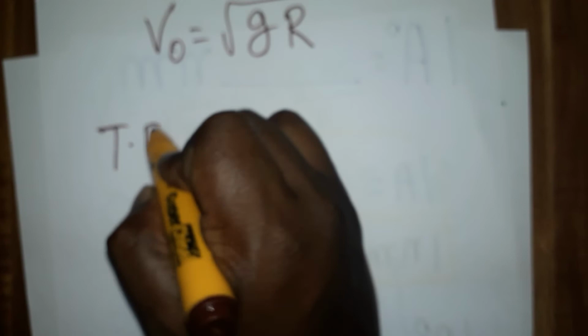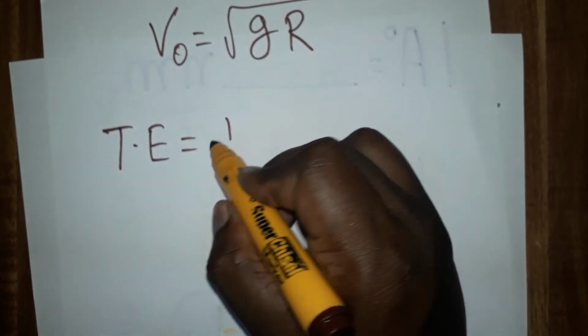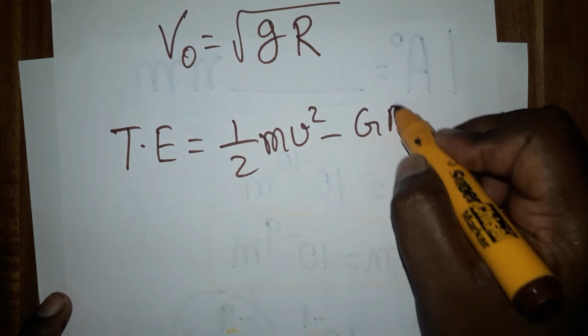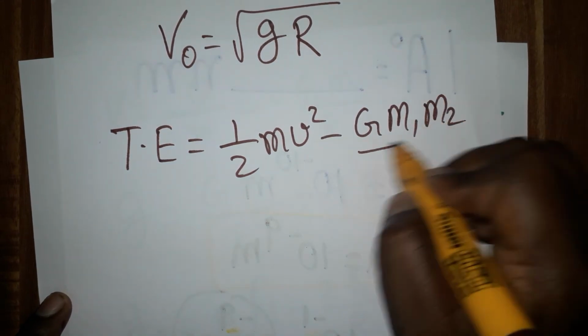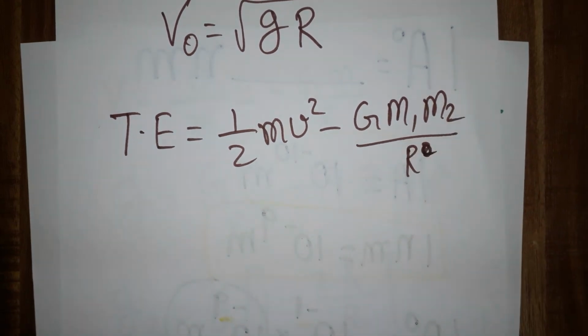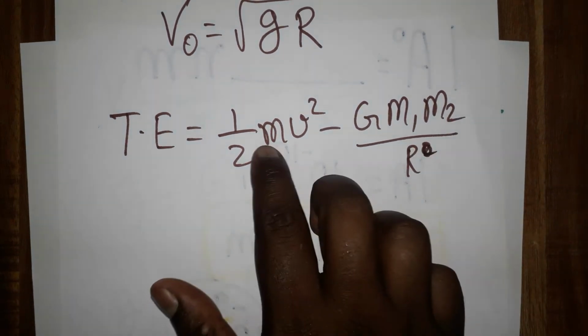Okay, the next formula, the total energy. Total energy we can take as kinetic energy plus potential energy. Kinetic energy is half mv square, potential energy is going to be minus G times m1 m2 divided by r. Sorry, only r will be there for potential energy. What is mv square?